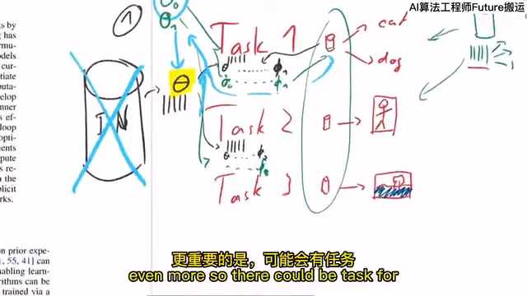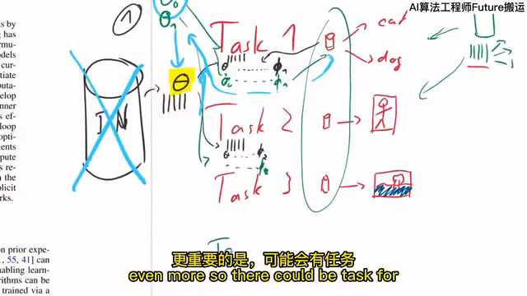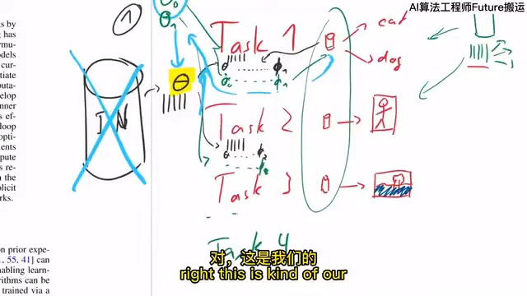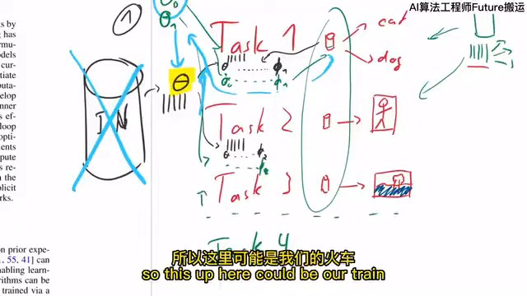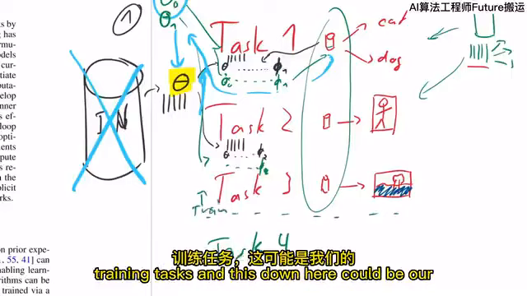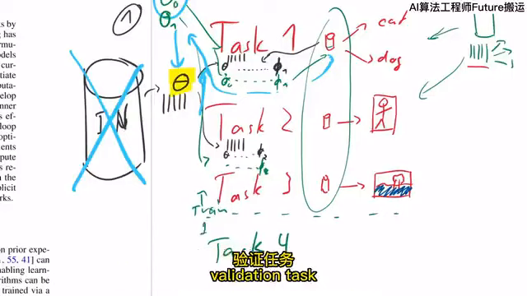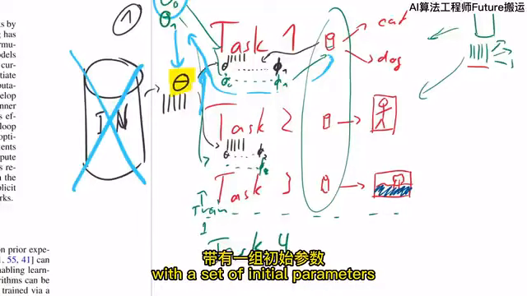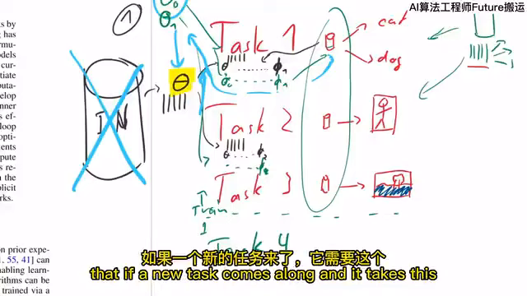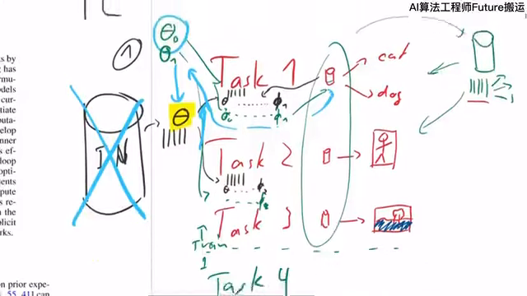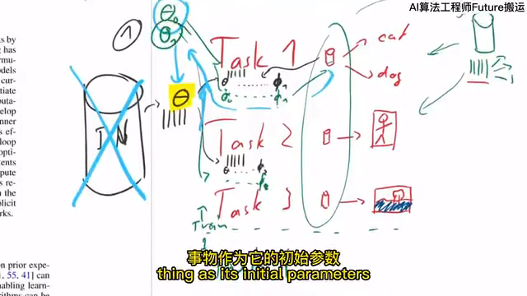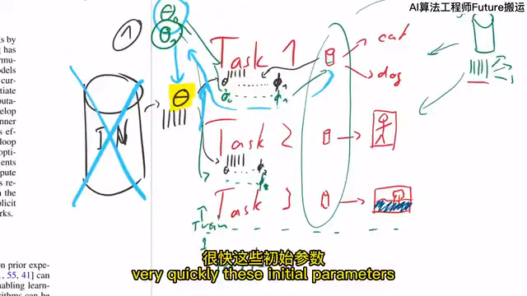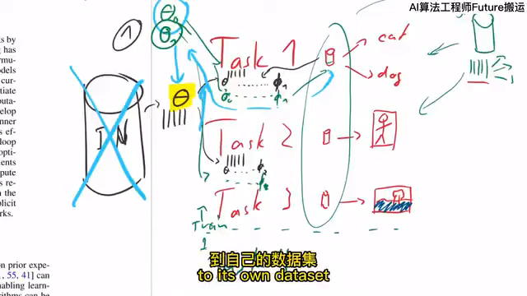And even more so, there could be task 4, which we are not seeing during this training phase. So these up here could be our training tasks, and this down here could be our validation task. So basically we're trying to come up with a set of initial parameters such that if a new task comes along and takes this as its initial parameters, it will be able to adapt very quickly these initial parameters to its own data set.